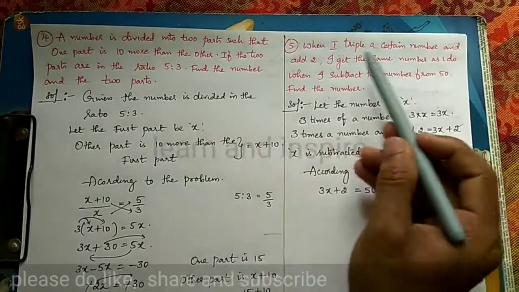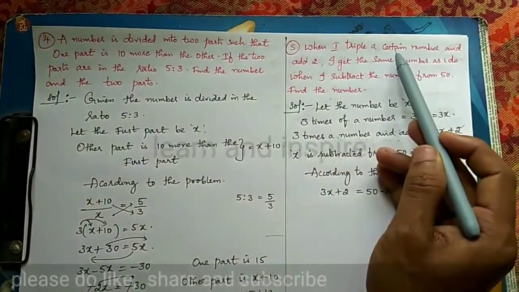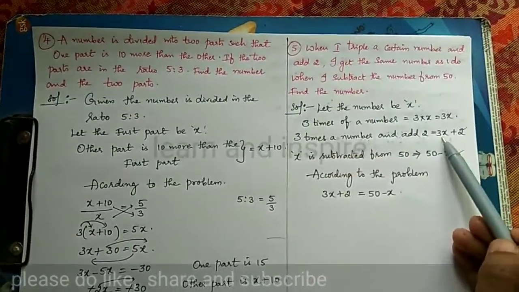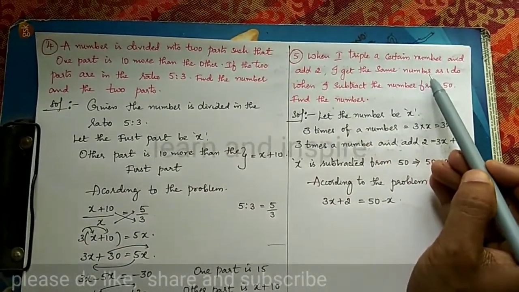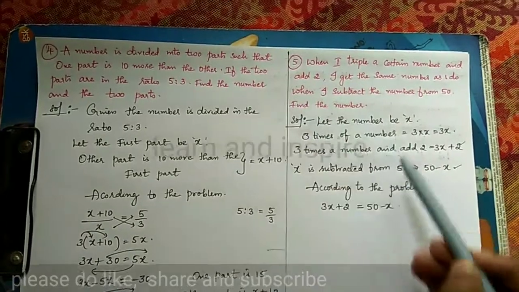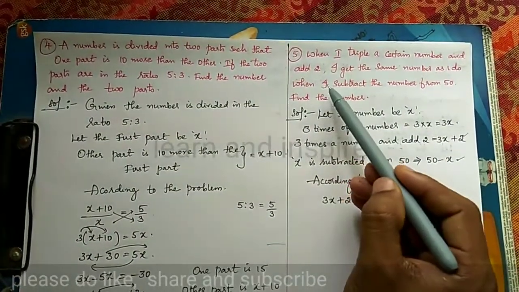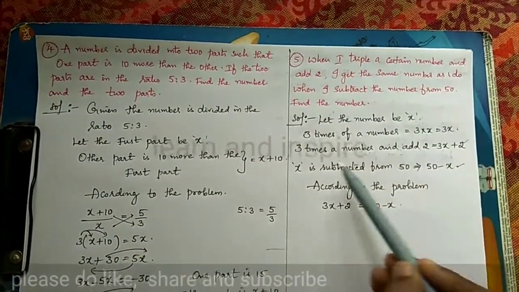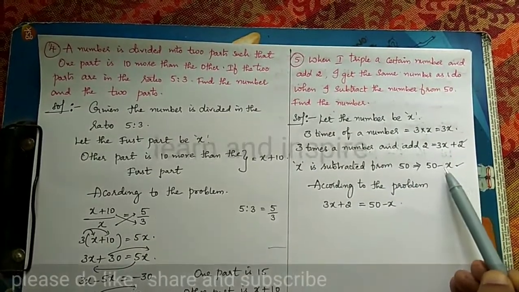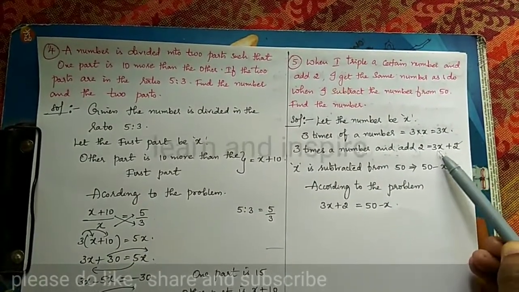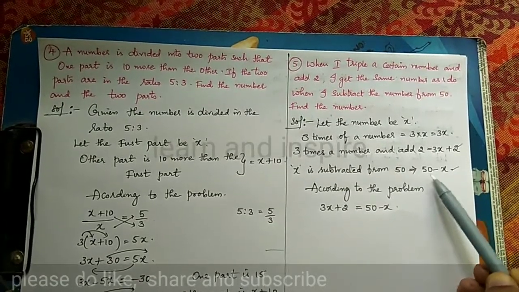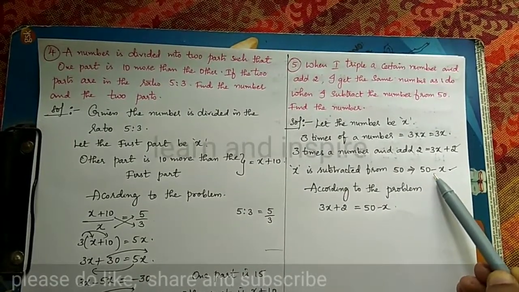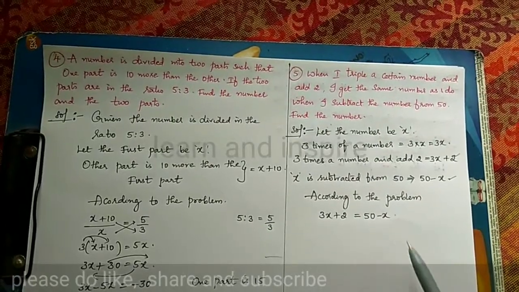Read the statement once again: when I triple a number and add 2, I get the same answer as when I subtract the number from 50, which is 50 minus x. That means they are equal.